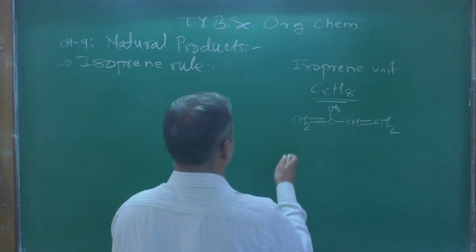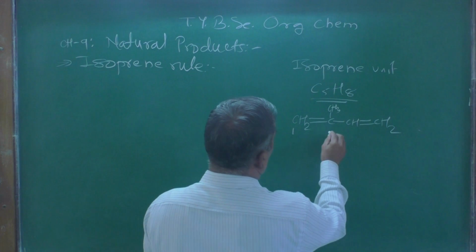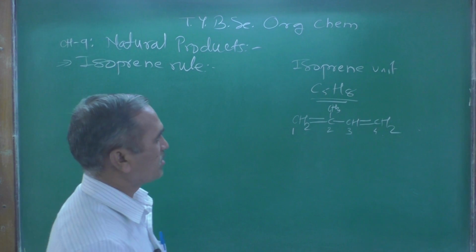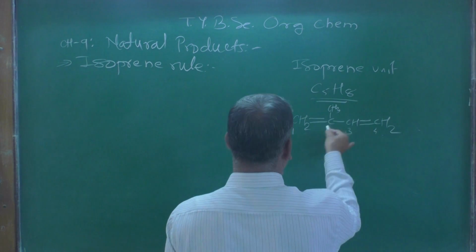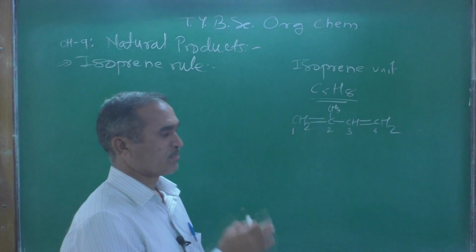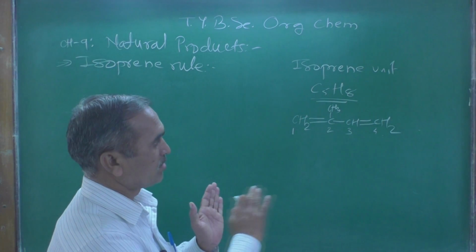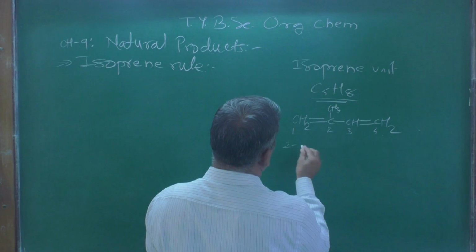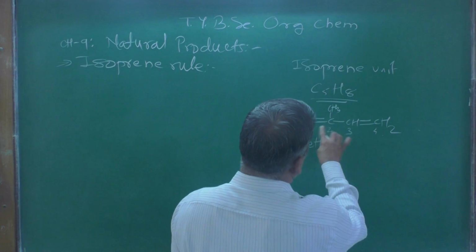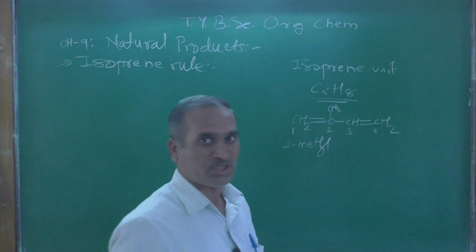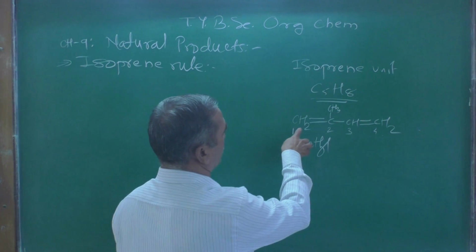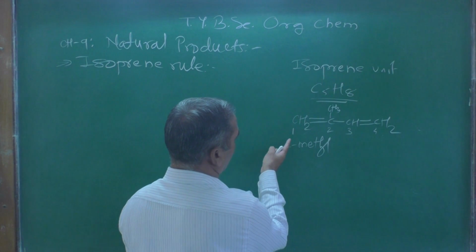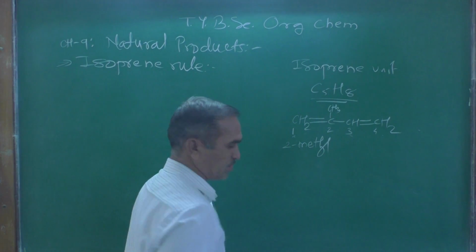If you number it according to IUPAC as 1, 2, 3 and 4, there are 4 carbon atoms in the straight chain. There is a branch, a methyl group, attached at the 2 position. Therefore you can call it 2-methyl.